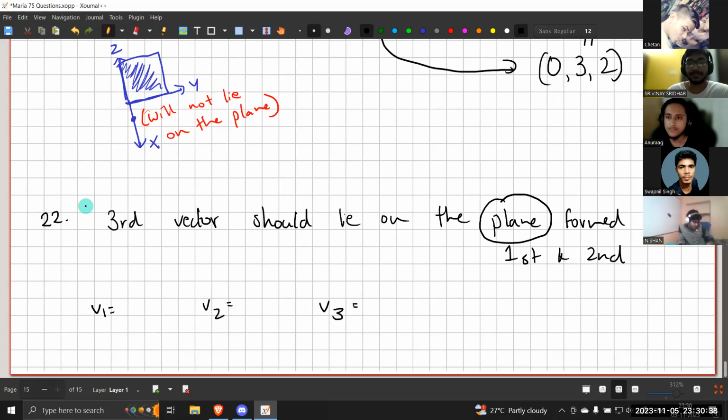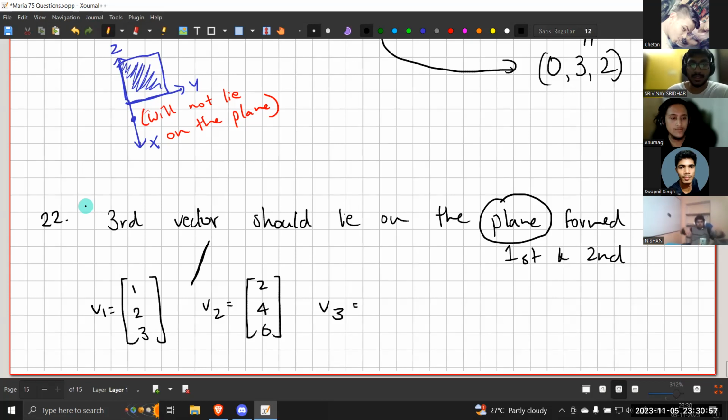Yeah, 1, 2, 3 and 2, 4, 6. Awesome. What does the linear combination of 1, 2, 3 and 2, 4, 6 make? It only makes a line, right? Now you cannot say the third vector has to lie on a plane because there's no plane for it to lie on. It should only lie on that line. What if this vector was 3, 6, 9?